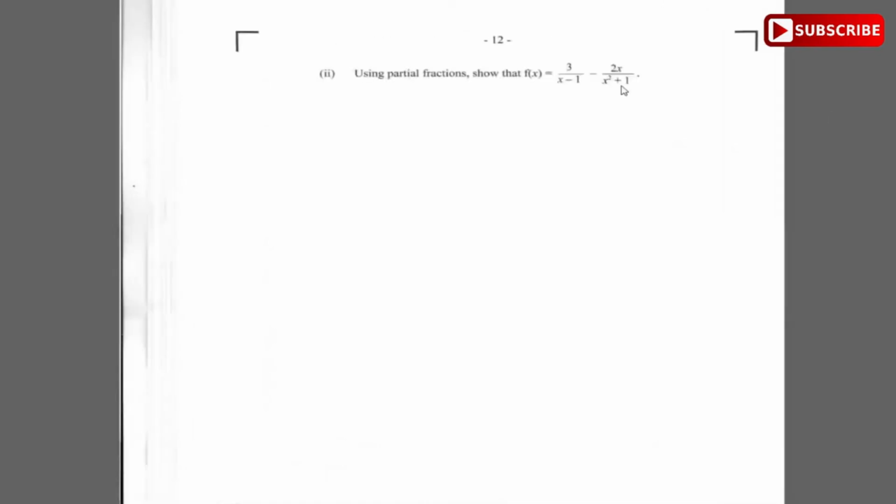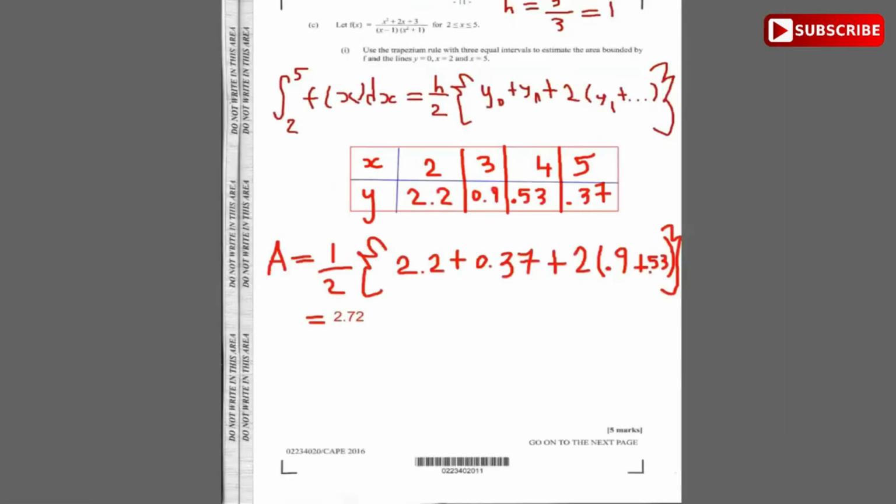Now it says, using partial fractions, show that f of x is 3 over x minus 1 minus 2x over x squared plus 1. So we need to separate it using partial fractions. Let's look back at what f of x was.